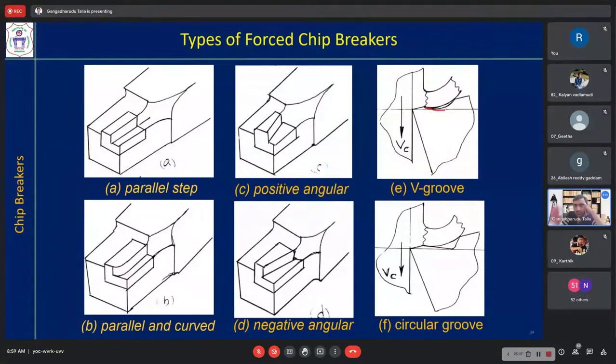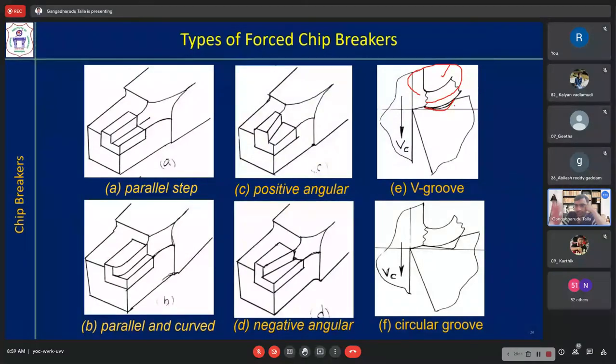One thing is, the radius of curvature for this groove should be less than, and of course it will be less than, the radius of curvature of the chip. The chip is curling, so its radius will be more compared to the radius of curvature of this groove.